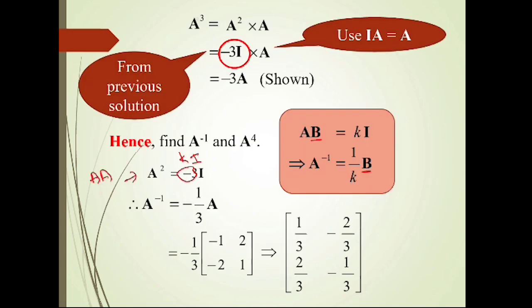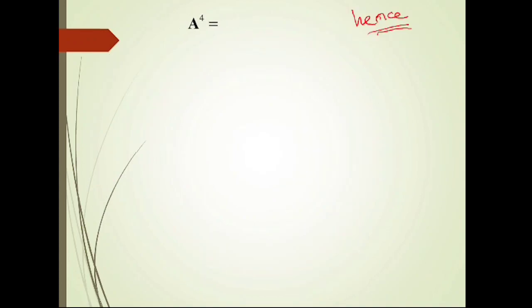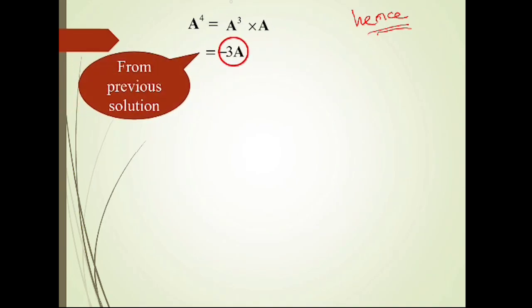So what is A power 4? The question says, hence, deduce what is A power 4. So we have to use the previous solution. So from the previous solution, we know that A power 3 is equal to negative 3A. And we can separate A power 4 to be A power 3 multiplied with A. So A power 3 is equal to negative 3A multiplied with the matrix A. And now, A multiplied with A is just A squared.